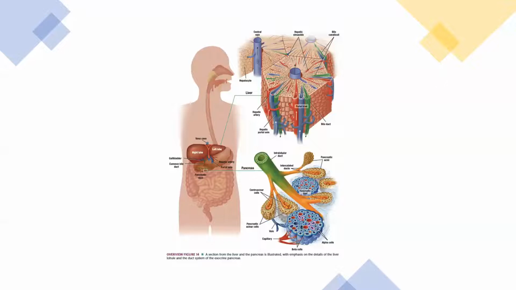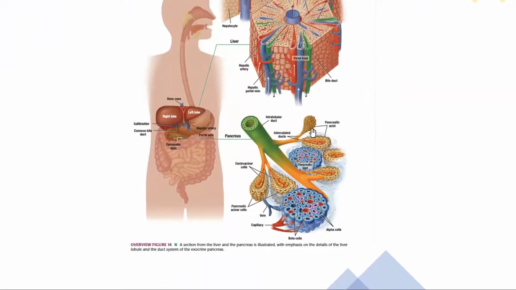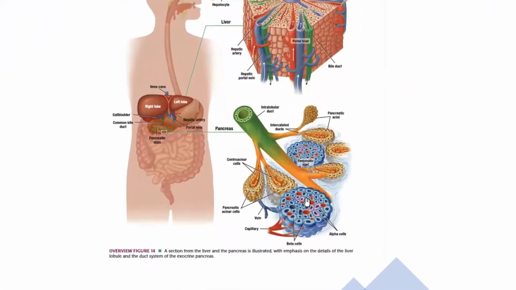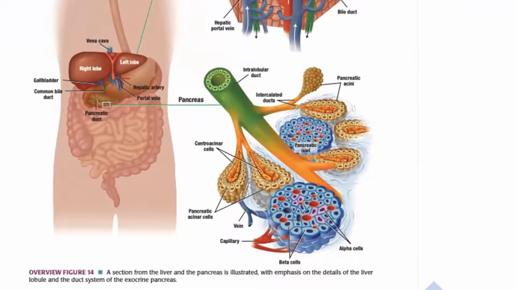The next structure which I want to talk about is the pancreas. Here you can see the pancreas. You need to know that the pancreas is a double organ. It means that it has two types of secretion. One type of secretion is endocrine.